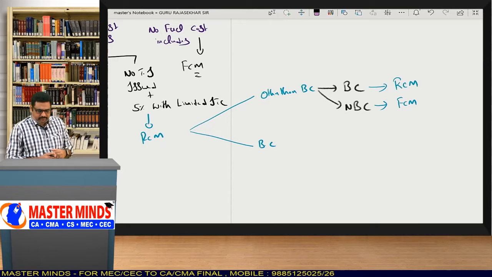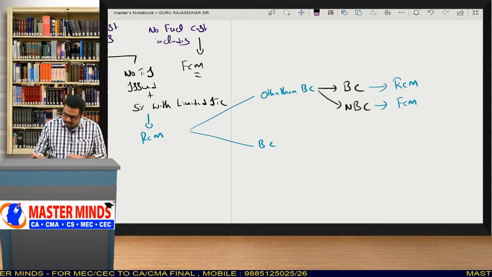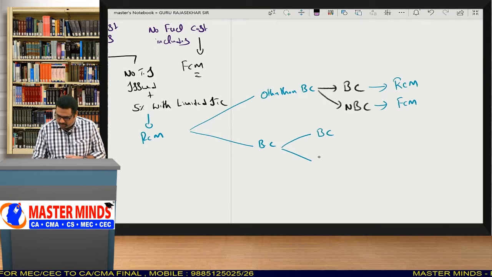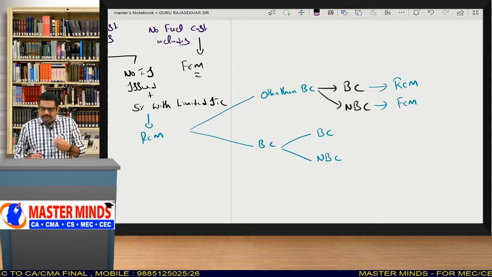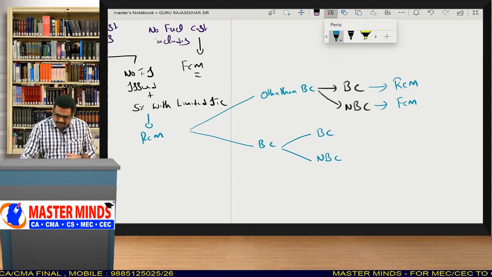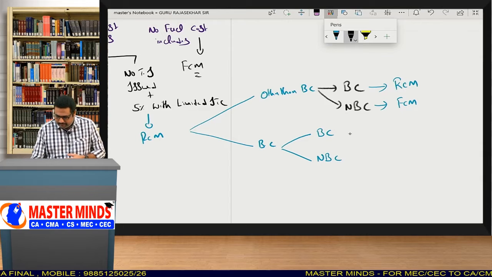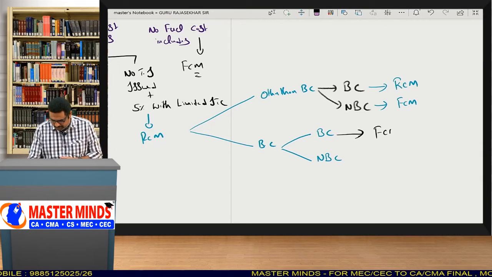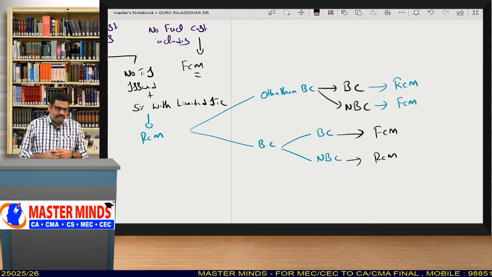If the supplier is a body corporate and is providing the same type of service, and the recipient is a non-body corporate, in that particular case this is covered under FCM and not under RCM.